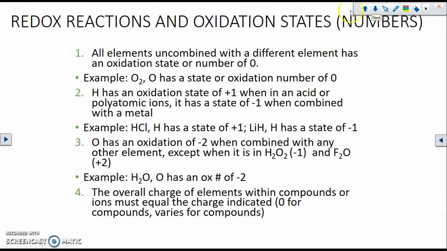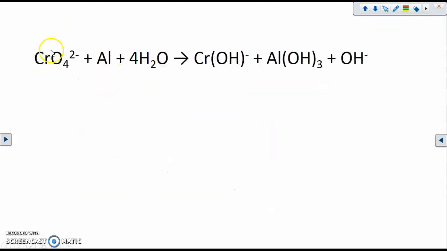So, all right, so there are rules for redox reaction and oxidation state. Oxidation states means to say that we're trying to monitor whether someone has lost or gained electrons. And it's probably better if we're going to go through an example right away. So we're going to do this example. And what happens, folks, is this whole thing has a charge of -2.